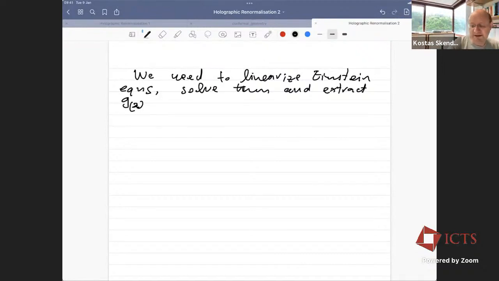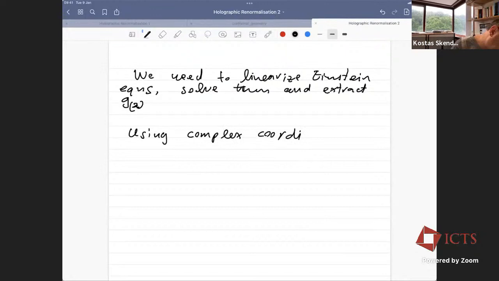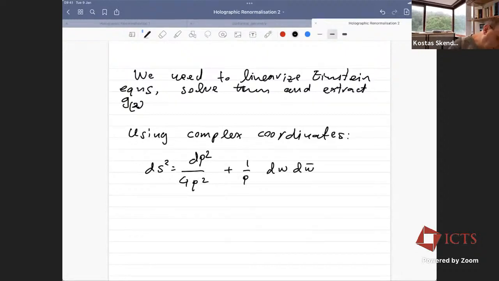Now, a 2-dimensional CFT is usually discussed with complex coordinates, so let me change to complex coordinates. Now the AdS metric in this coordinate system is given by this metric.